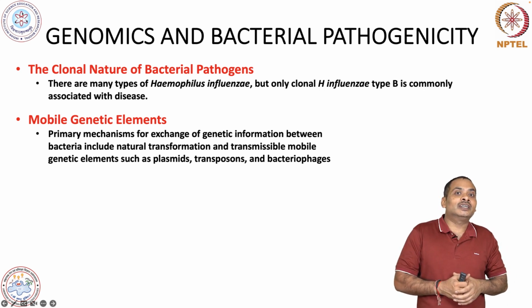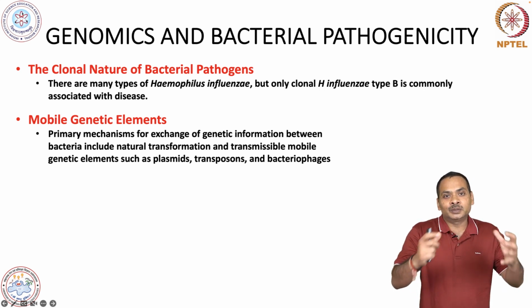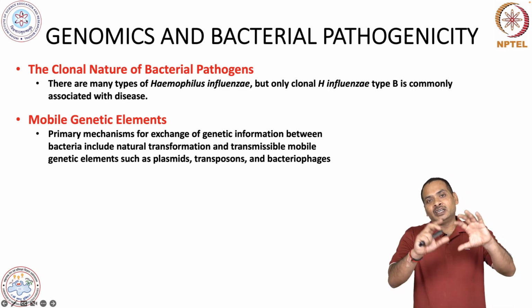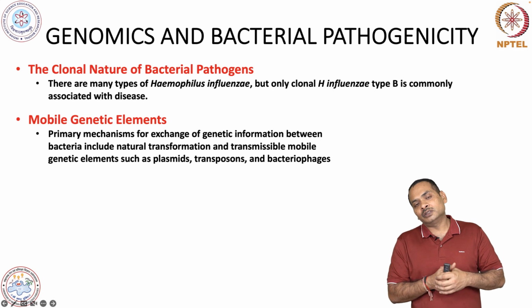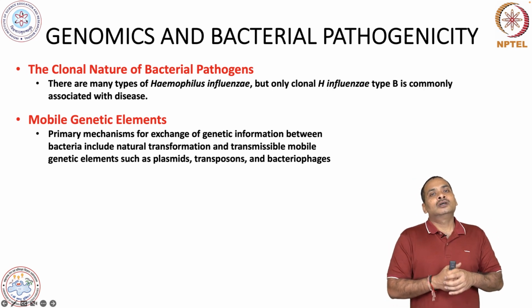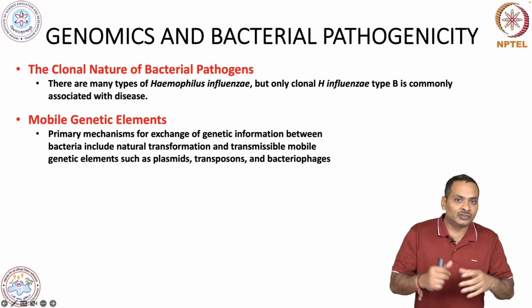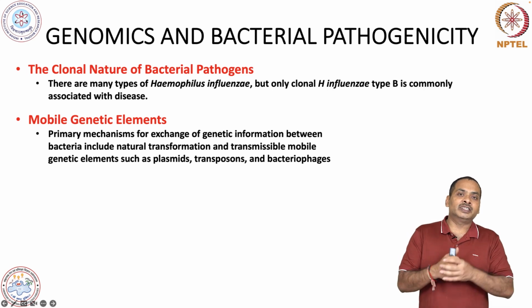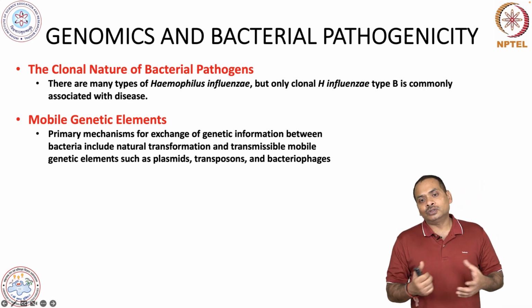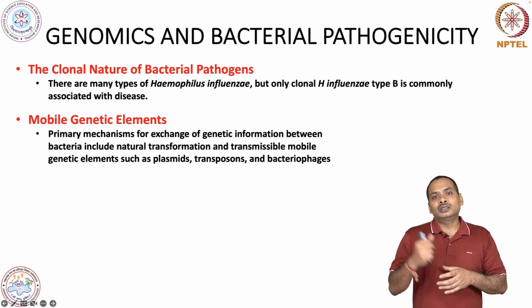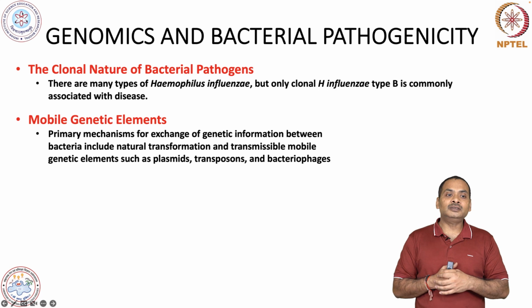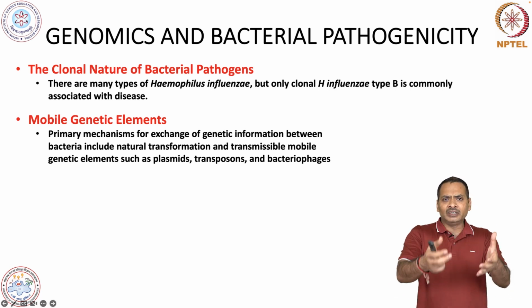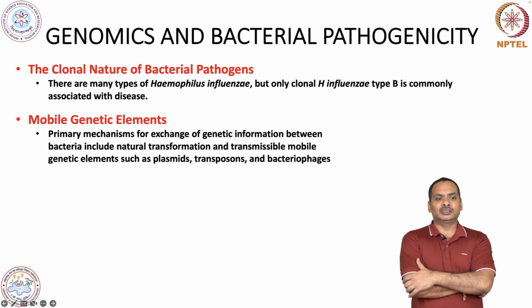So you know that these pathogenic bacteria have virulence factors, and all these virulence factors will be present on some piece of DNA. This piece of DNA could be a plasmid, a transposon, or it can be facilitated by bacteriophages. I will give you an example in a subsequent slide.